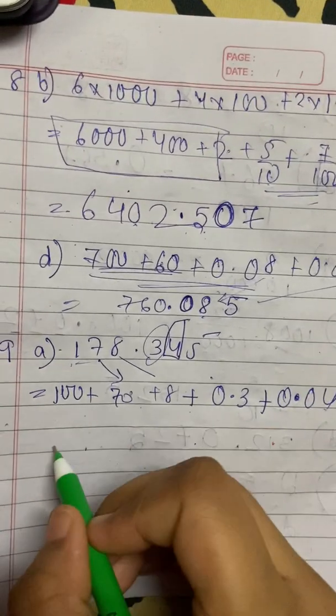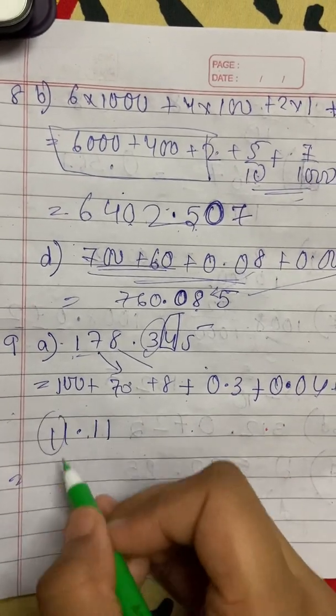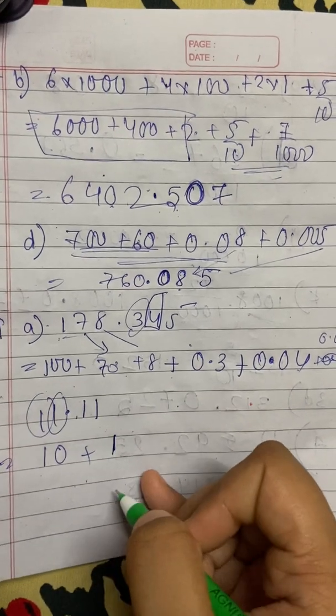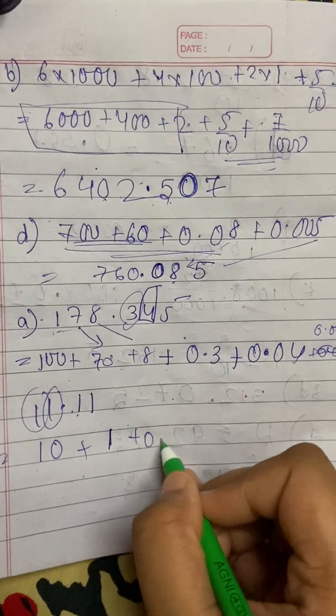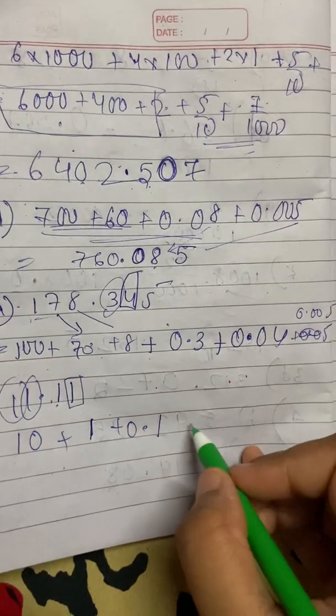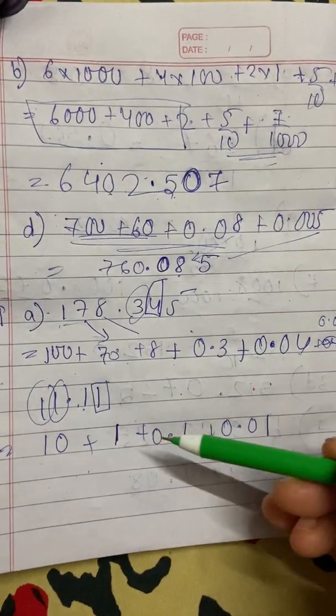I'll do one more example, 11.11. So for this one we have to write 10. Then for this we have to write 1. Then this one, so 0.1. And this one is in hundredths place, so 0.01. So this is the expanded form in decimal.